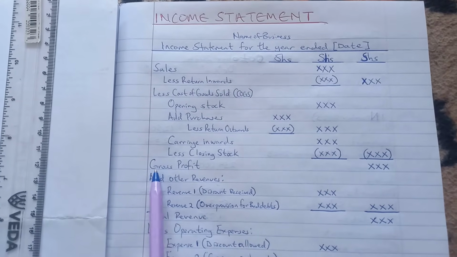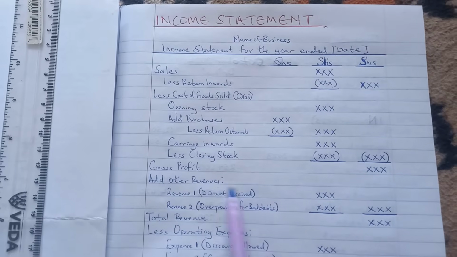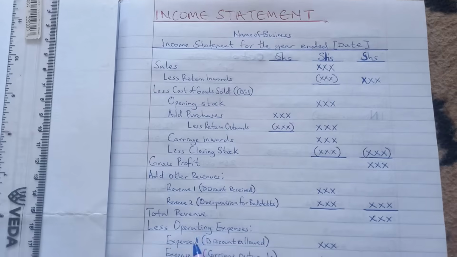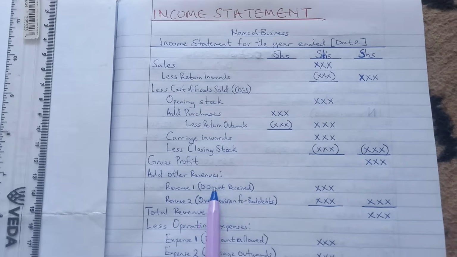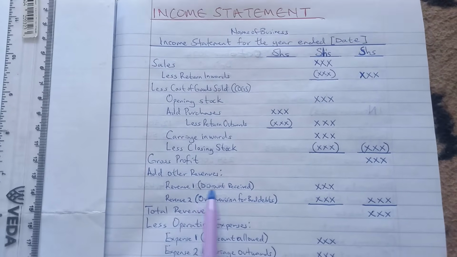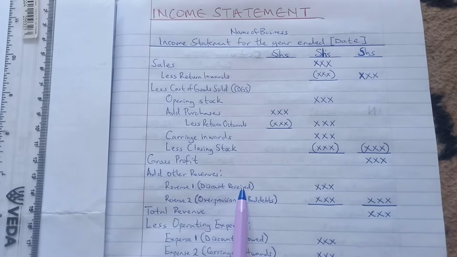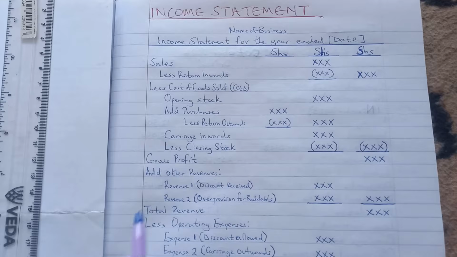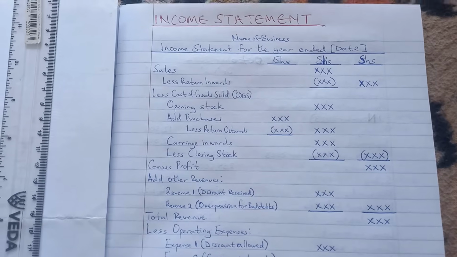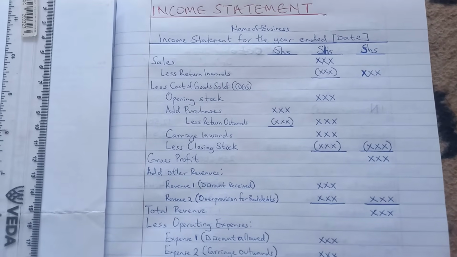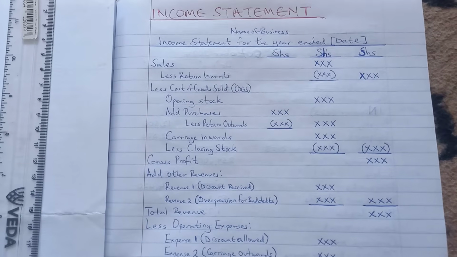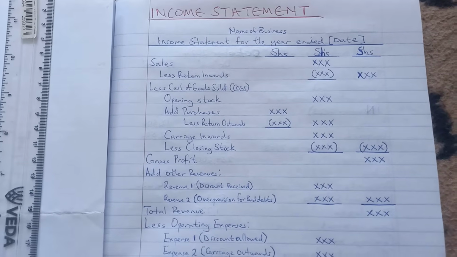So after you've gotten your gross profit, now you add revenues, other revenues. Okay, so other revenues can be discount received. Discount received is recorded as a revenue. Also rent income. Okay, also commission received.